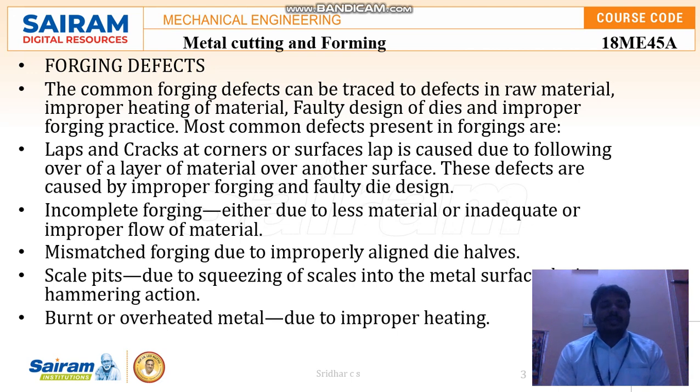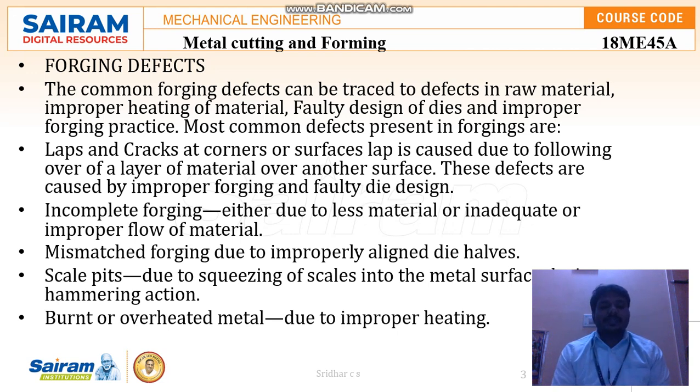So next, coming to incomplete forging, either due to too little material or inadequate or improper flow of material, so that the forging will not be completed. This is also one of the major reasons. And next, mismatched forging due to improperly aligned dies, and scale pits due to the squeezing of scales into the metal surface during the hammering action, and burnt or overheated material due to improper heating.